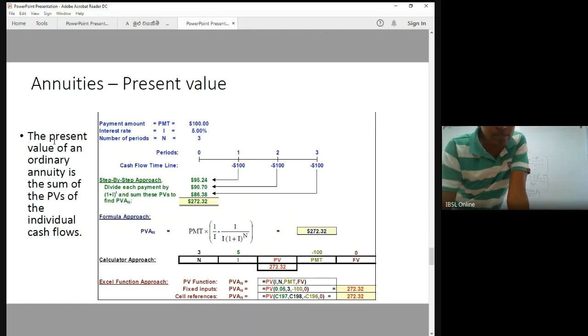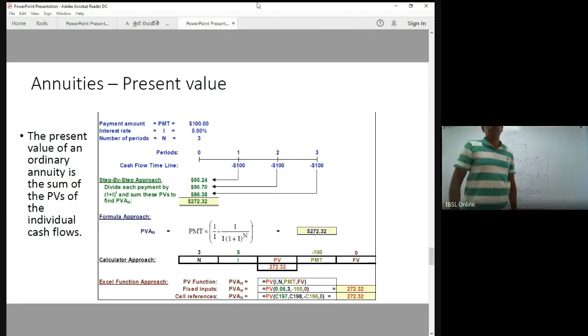So the present value of an ordinary annuity is the sum of the present values of individual cash flows. You take each and every individual cash flow, get the present value, and total it up, you get the present value of all the cash flows. So it's the reverse of what we just did. Let's calculate the present value of this annuity.